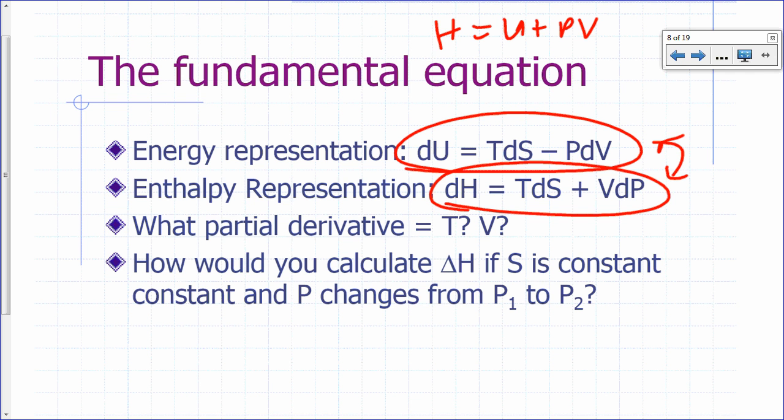So this expression right here, dH equals TdS plus VdP, that's what you would call the enthalpy representation for your fundamental equation. Okay. So in terms of the enthalpy expression here, what is our T? What partial derivative is equal to T based on this expression for the enthalpy representation?